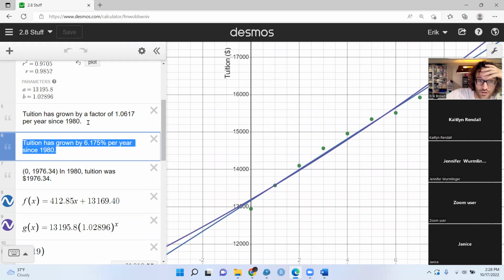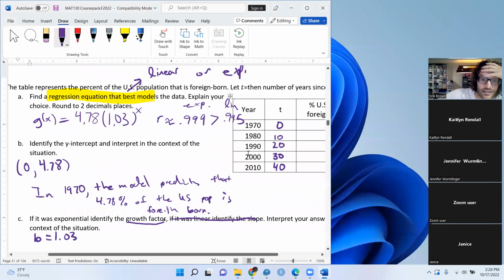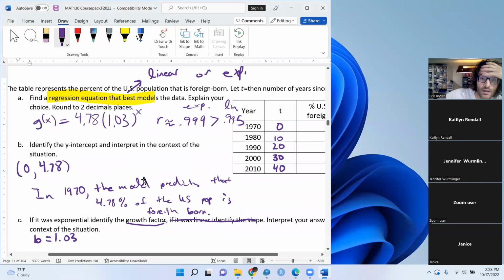So these sentence structures you can use over and over and over. They always work in terms of the factor, and you either say grow or decayed by, or whichever is appropriate. So we just need to know what's the context. We have it here. It's years after 1970, and it's percent of the US population that is foreign born. So this is that context right here.